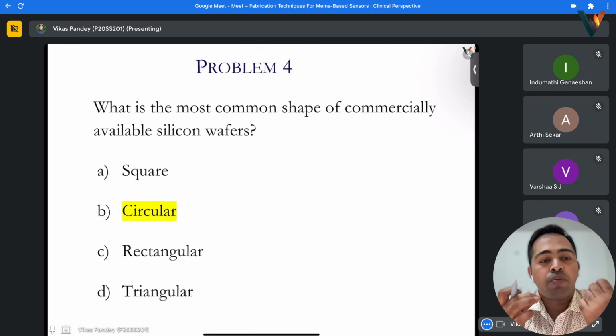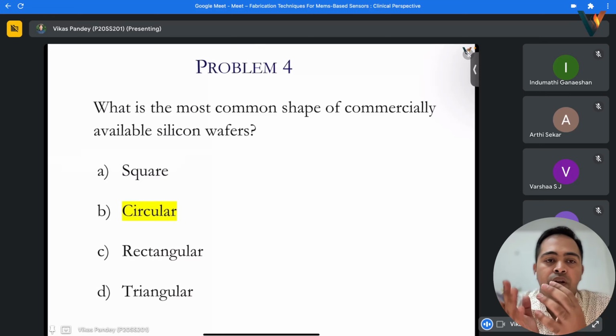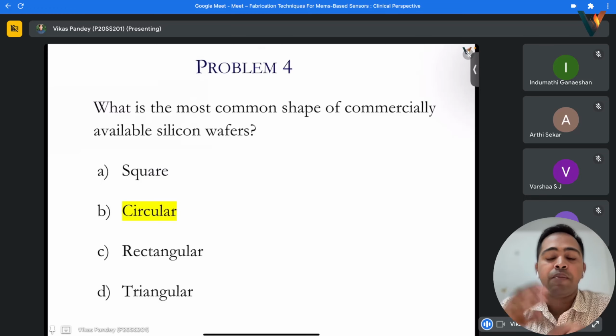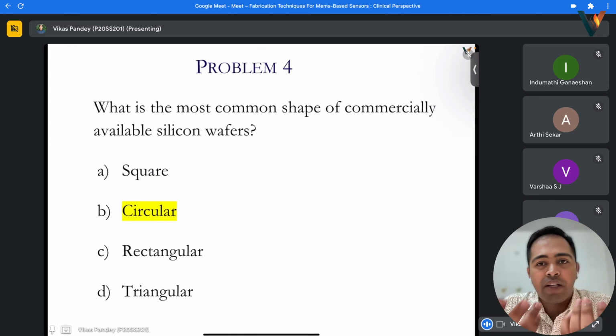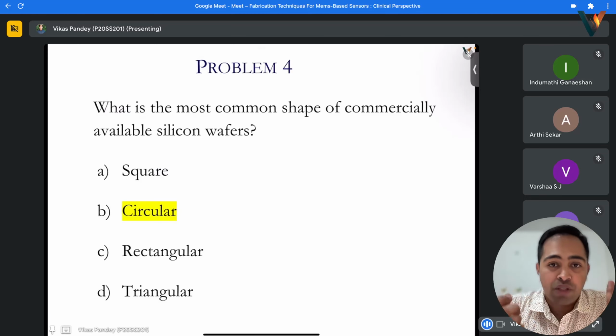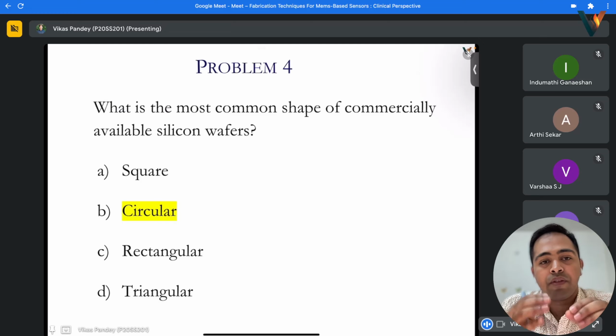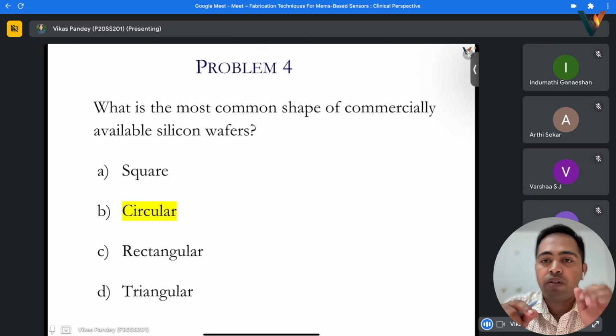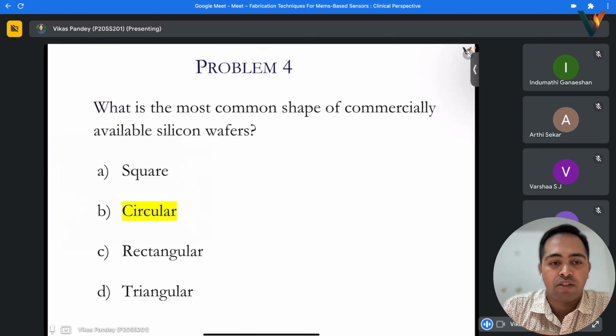Using this property of semiconductors like silicon and germanium, we are able to make a variety of devices, including the computer we are using or the mobile. The processor of it is made using silicon. All these things, the most sophisticated electronic devices and including the sensors also, are made on this silicon wafer.